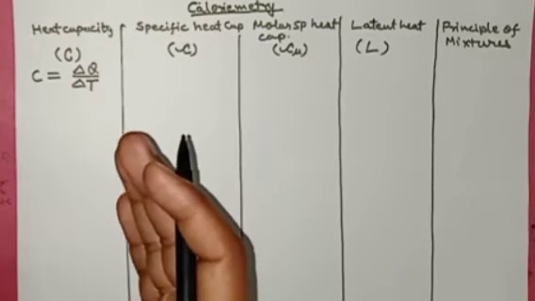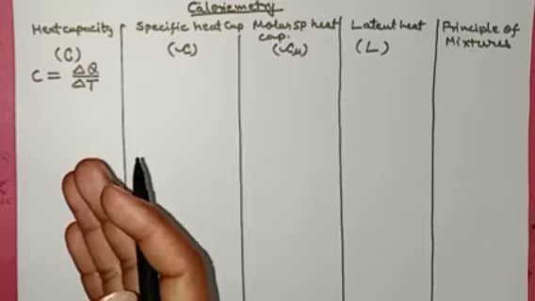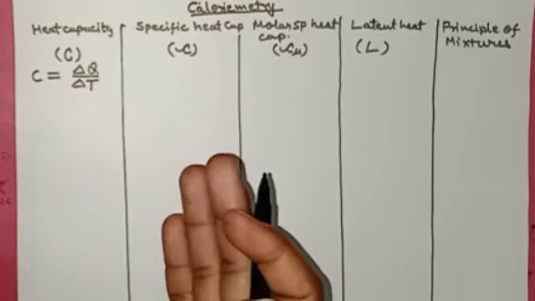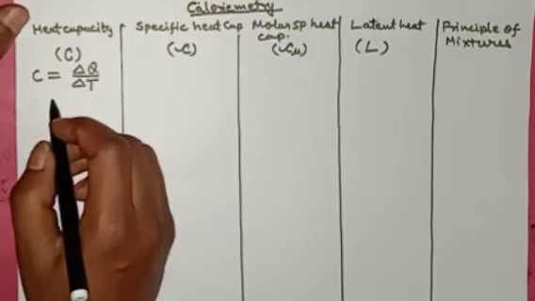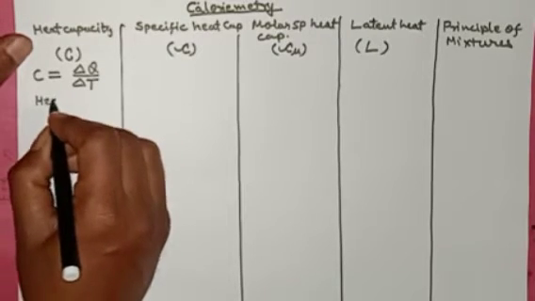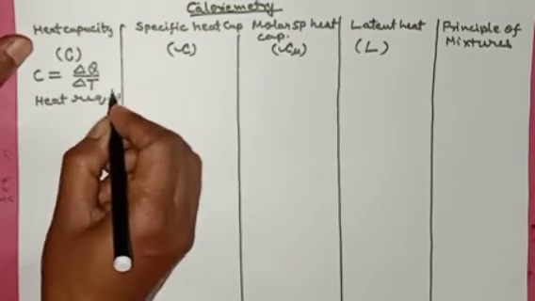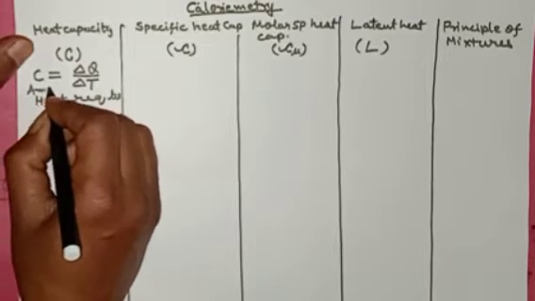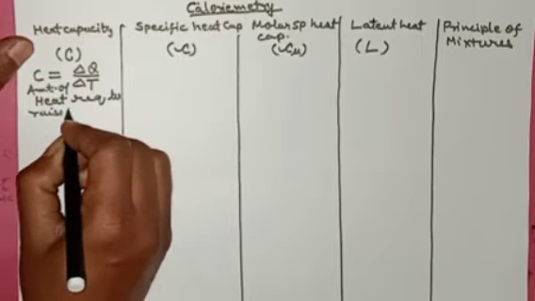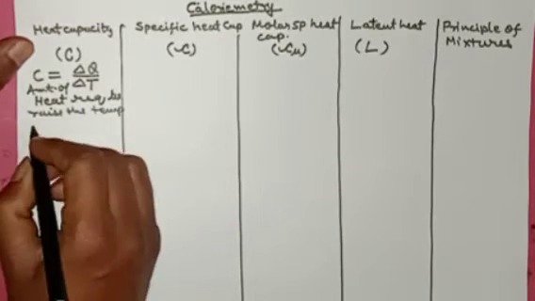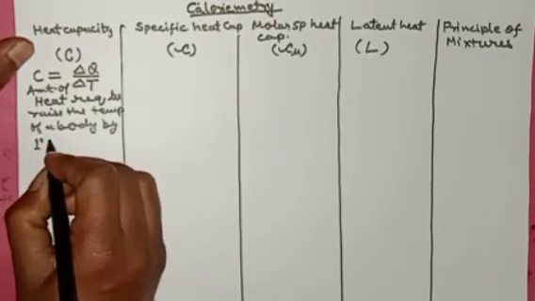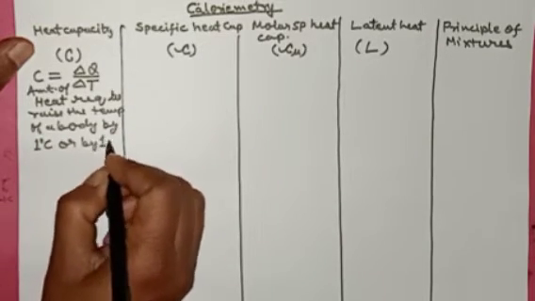There is a body, we have to heat it and we have to note down its temperature and we have to see how much greater amount of heat or less amount of heat it requires. That's all. Okay, so the definition is amount of heat required to raise the temperature of a body by 1 degree Celsius or by 1 Kelvin.